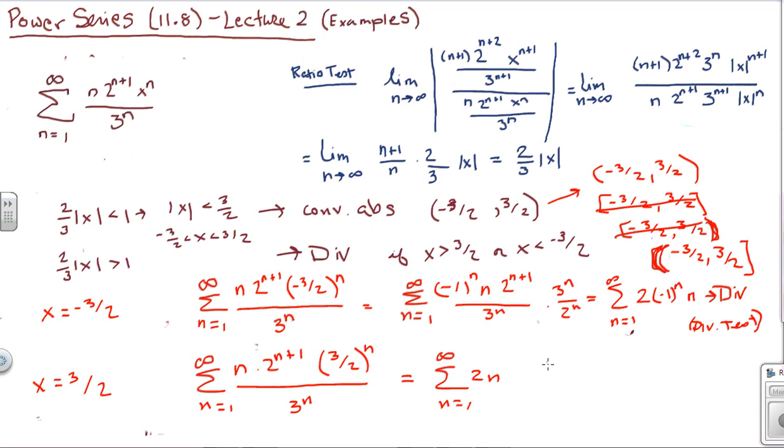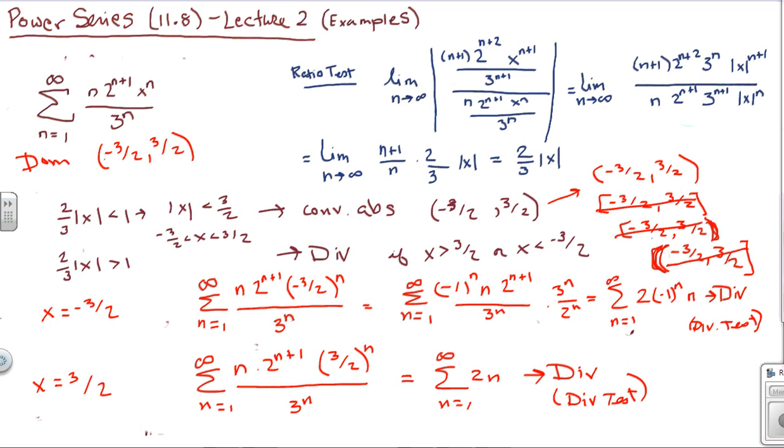And again, that diverges as well, because the terms don't go to 0. That's the divergence test. So neither endpoint is included in this example. So the domain of this function is the open interval from negative 3/2 to 3/2.